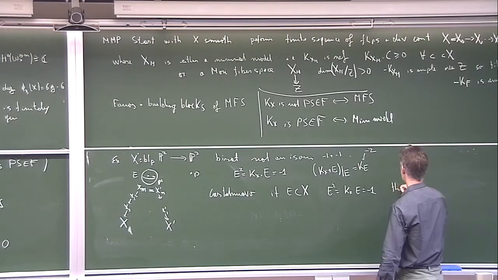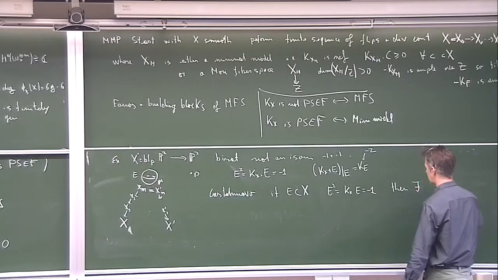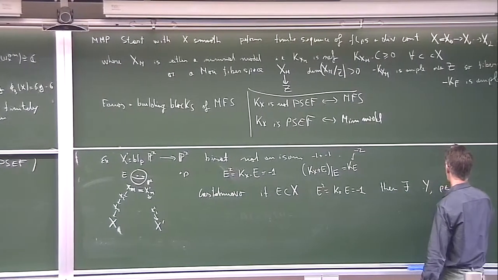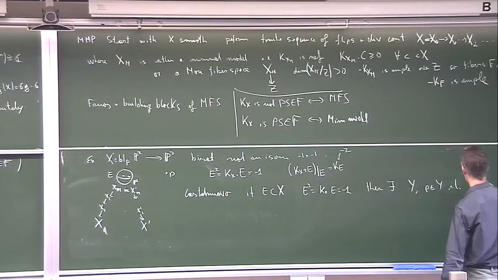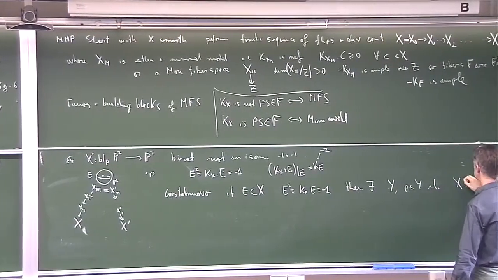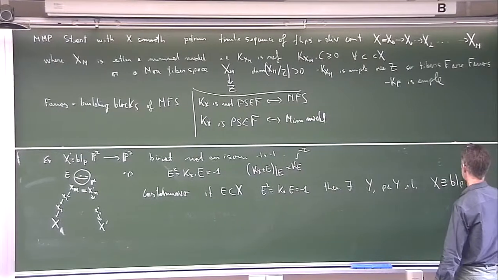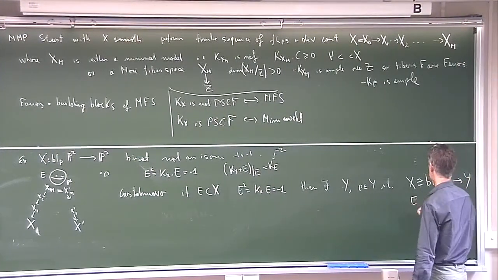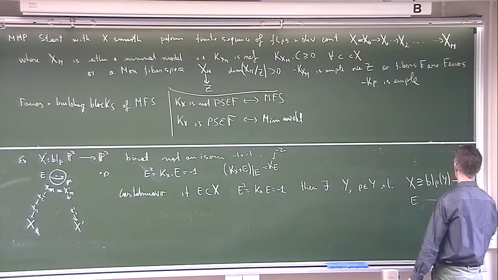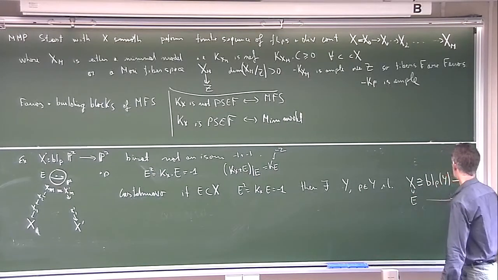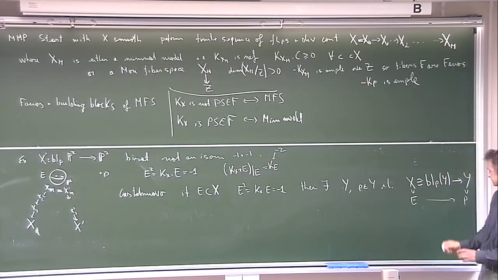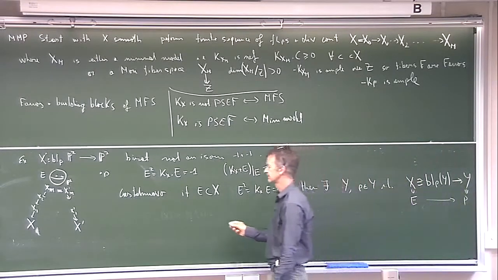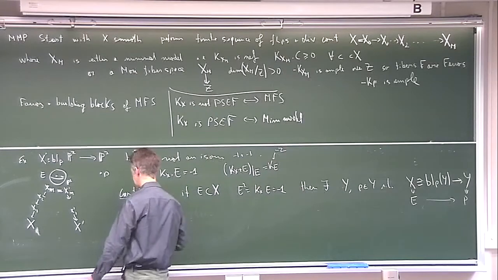So then there exists, let's say, Y and a point P on Y such that X is just given by blowing up the point P on Y. And in fact, this -1 curve is being contracted to the point under this blow-up map. Okay, so that's what Castelnuovo's criterion said, and that's been known probably for over 100 years.